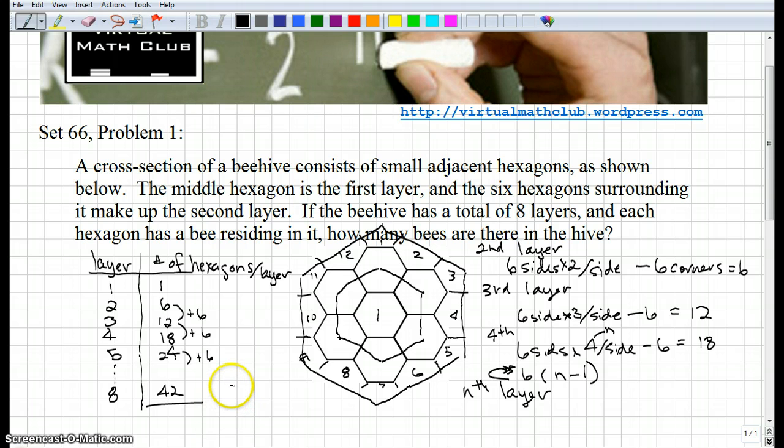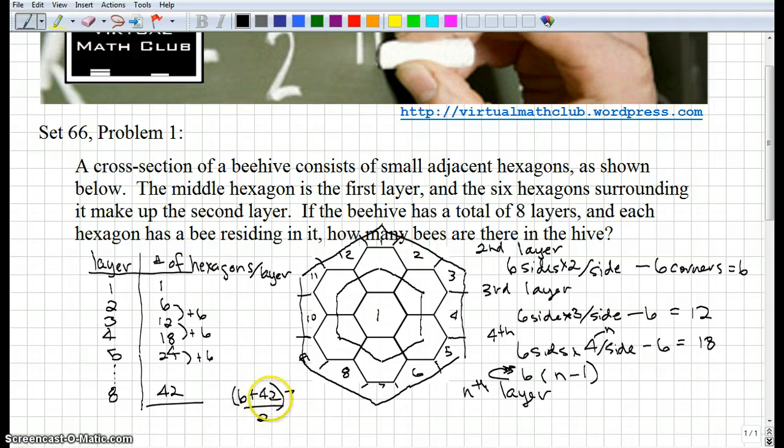All right, our handy dandy trick for adding an arithmetic sequence is to take the first number, which is 6, plus the last number, which is 42, times the number of numbers, which in this case, going from the second layer to the 8th layer, is 7 layers, and divided by 2.